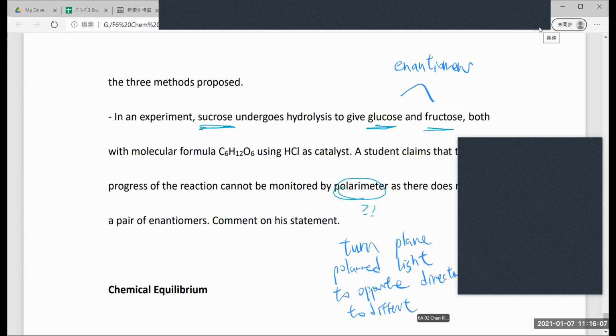So you may use this as a start to monitor the progress of a reaction. Can you get my point?